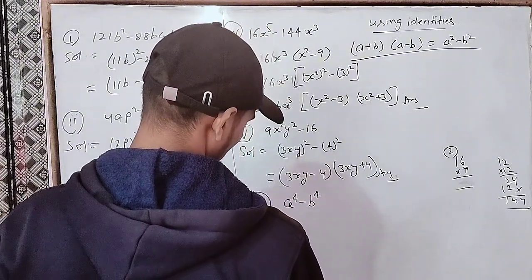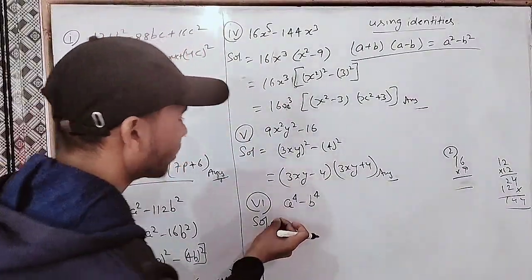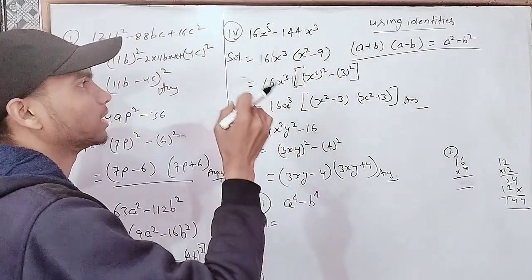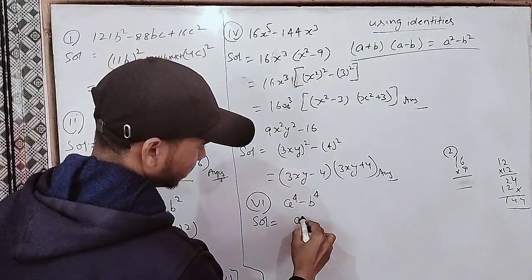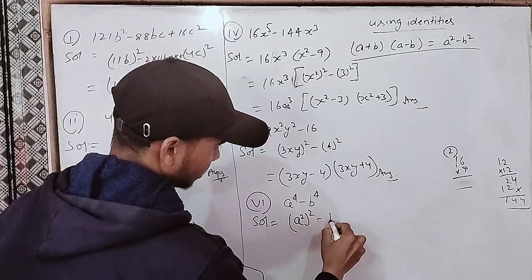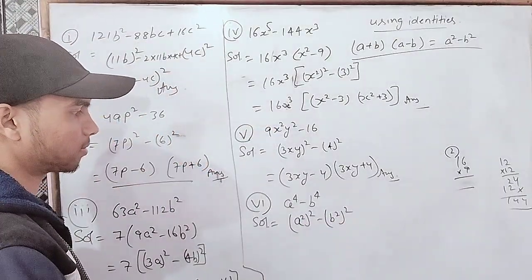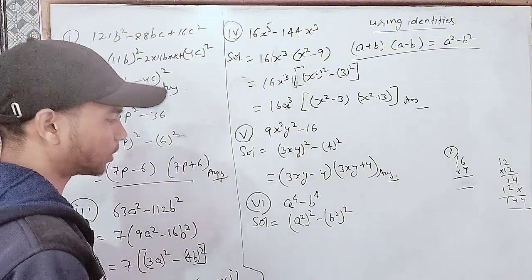So here we have a4, but we should have a2, a raised to the power 2, only 2. So can it be written like that? Yeah. The question is the same. This is a way just to write it in a different way.